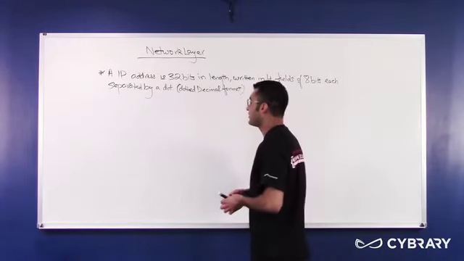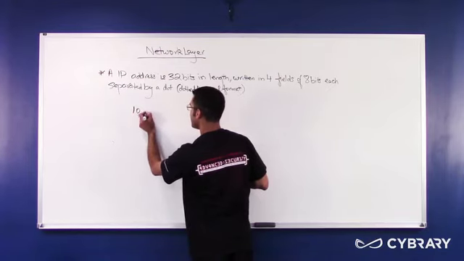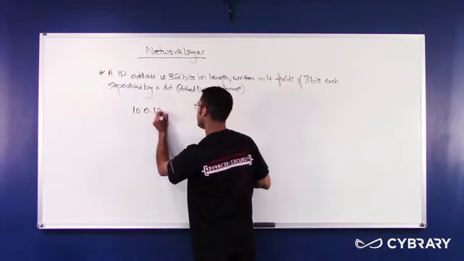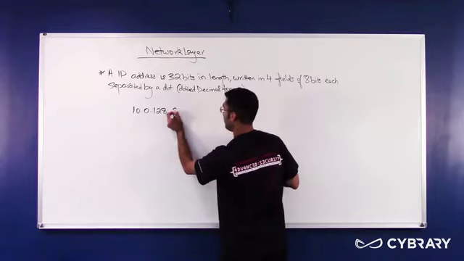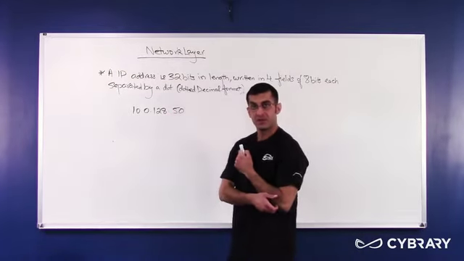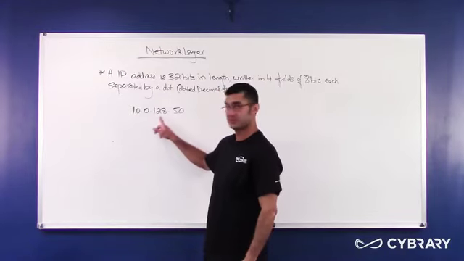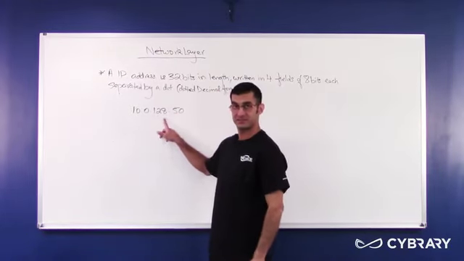So an IP address would look something like so. 10.0.128.50. Depending on which bits are turned on and which bits are turned off within each successive field or each successive octet.